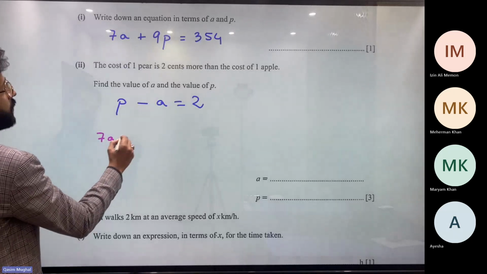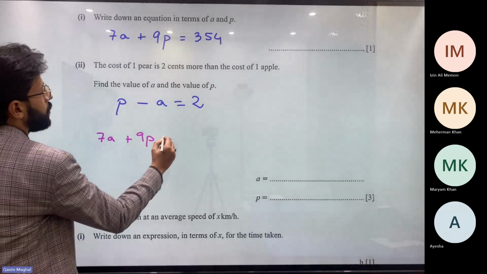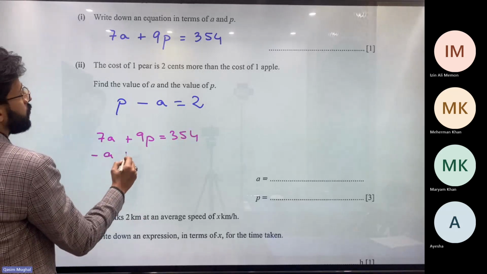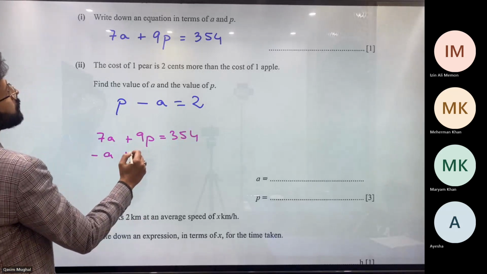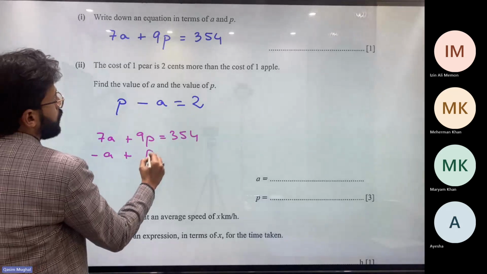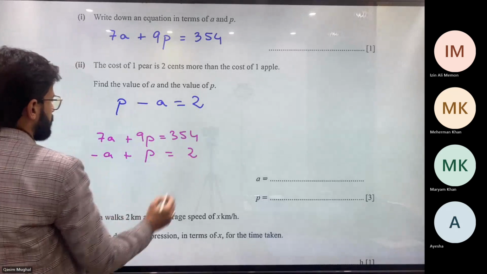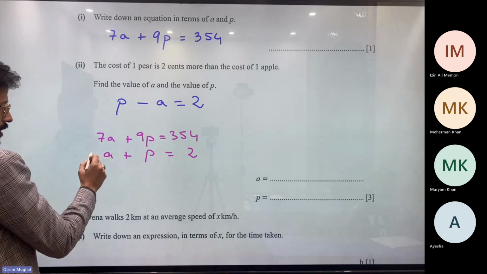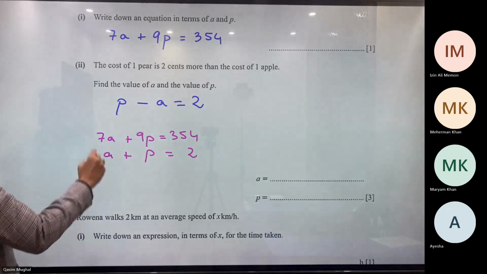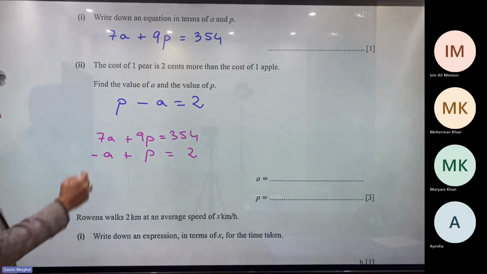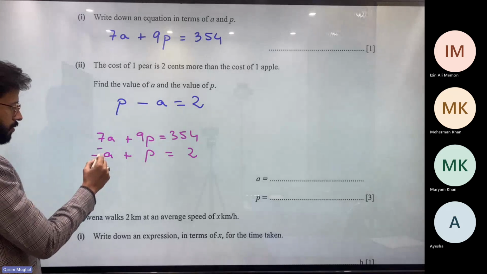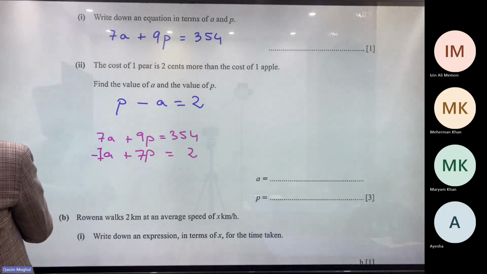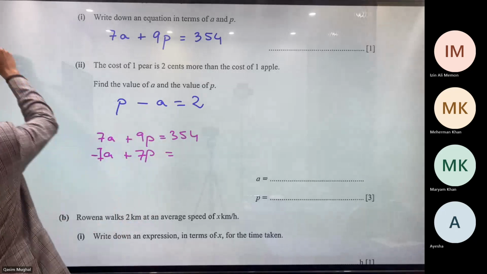So 7A plus 9P equals 354, and minus A plus P equals 2. We multiply the whole equation by 7 so that the coefficients become the same with opposite signs. They are already opposite: 7 and 7 times 2 is 14.